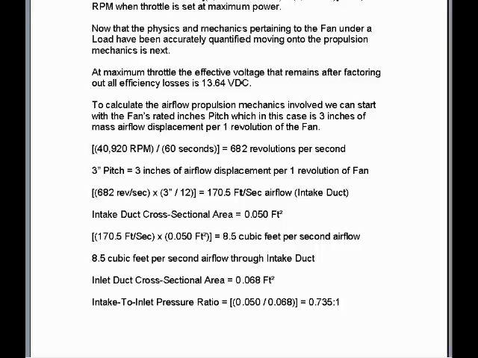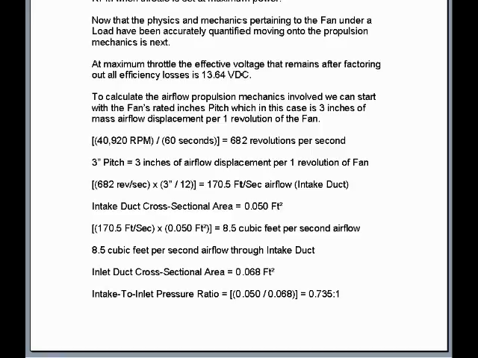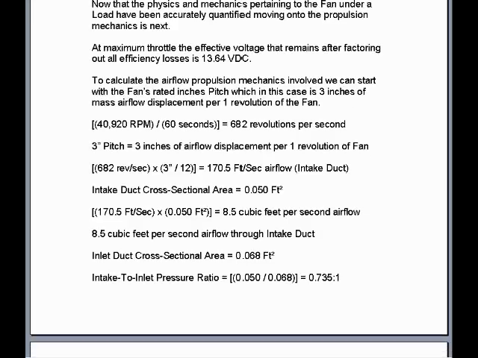So if we find out what the revolutions per second are at 40,920 RPM, we simply divide that RPM into 60 seconds, and then after we calculate the revolutions per second, in this case 682 revolutions per second, we then multiply it times the airflow displacement in feet per revolution, which is 3 inches divided by 12, or a quarter foot, 0.25 feet.